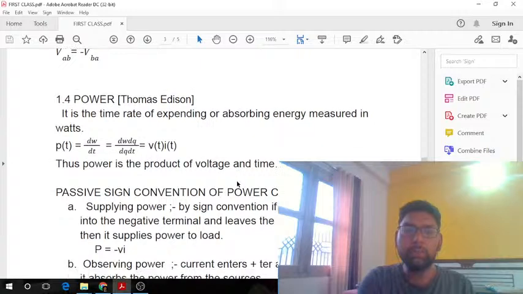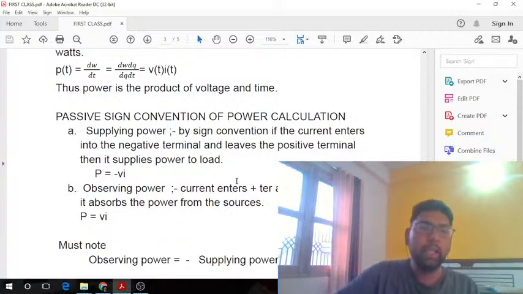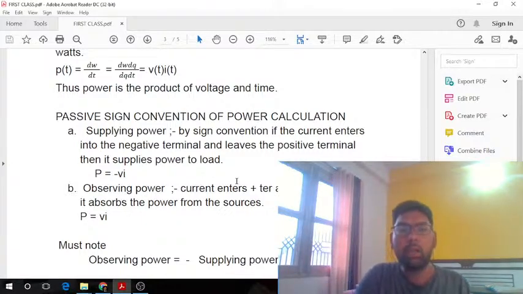In numerical solutions, we need to determine whether an element supplies power or absorbs power. By the sign convention, if the current enters the negative terminal and leaves the positive terminal, then it supplies power to the load.